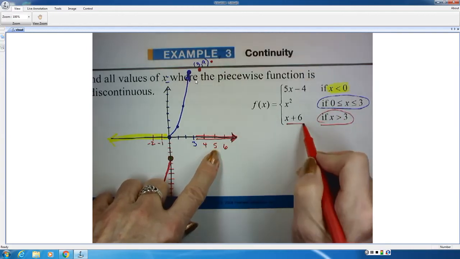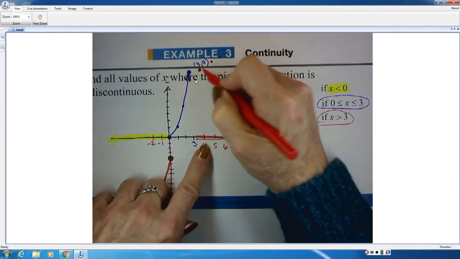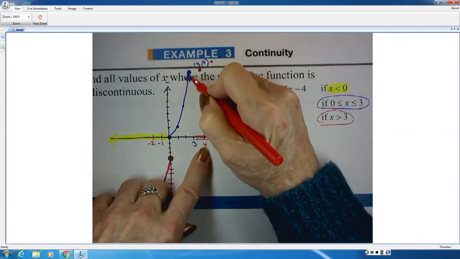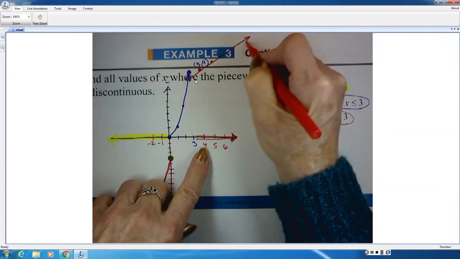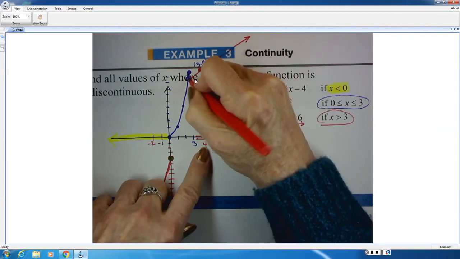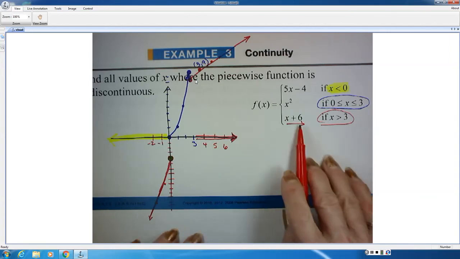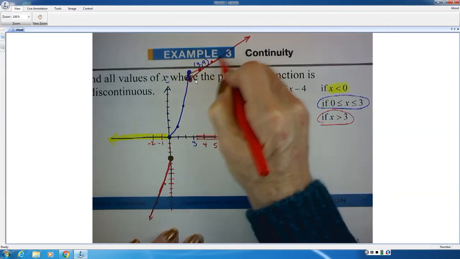And that's a linear function also. So at 3, is it going to equal 9? Let's see. 3 plus 6, yeah, it would connect up right there at 9.